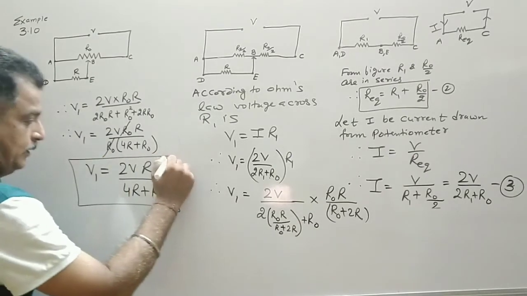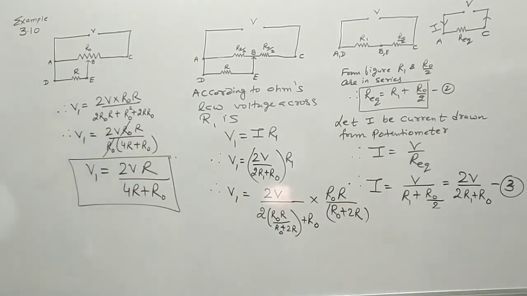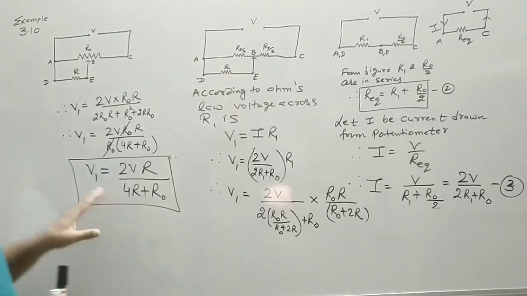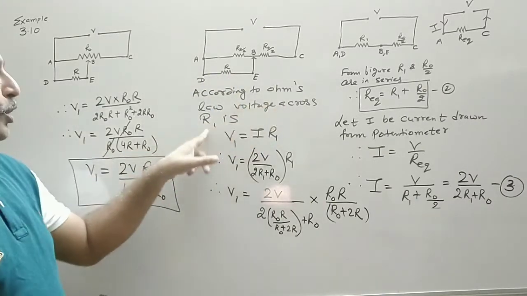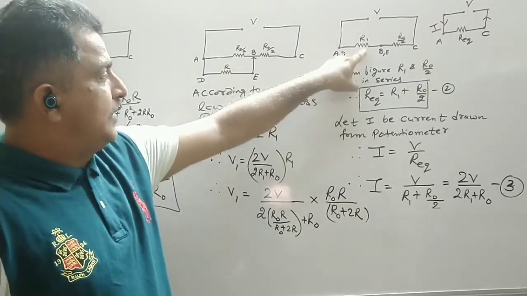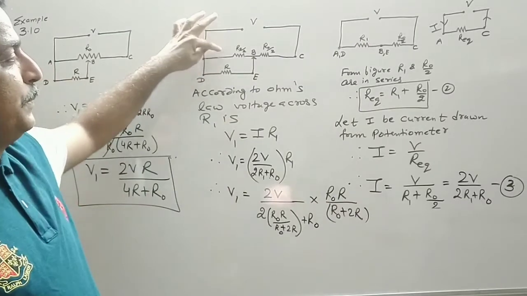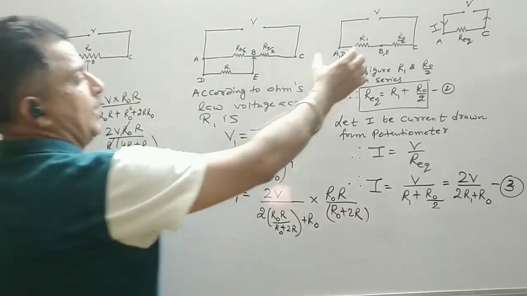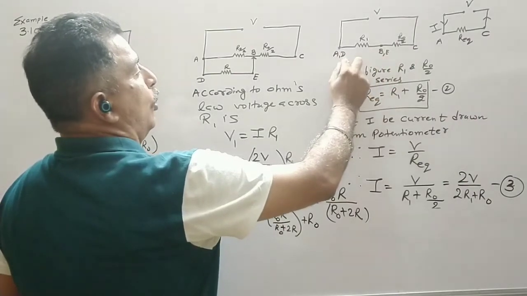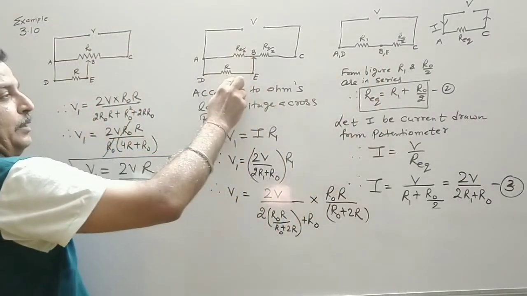So this is the voltage across resistance R1. Now we have found this voltage across R1. This is a voltage across R1. Now this R1 is a parallel combination. So whatever is the voltage across this R1, that is point AB or point DE, that is the same.